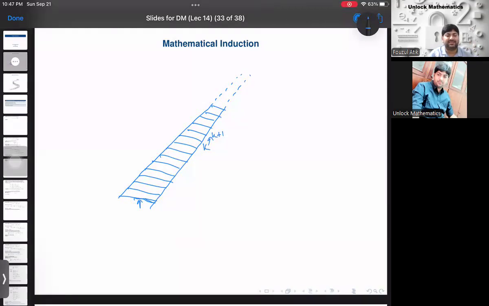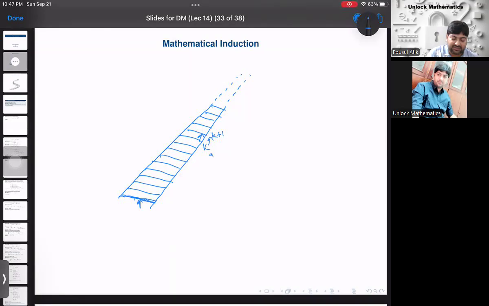So if you are at the kth step, anyhow you reached the kth step, we don't know in which way, but if you are at step k, you should be able to go one more step, k to k plus 1. If you have these two capabilities, you can reach the whole ladder. How? You can start at the basic step, the first step, and you have this one for any k.